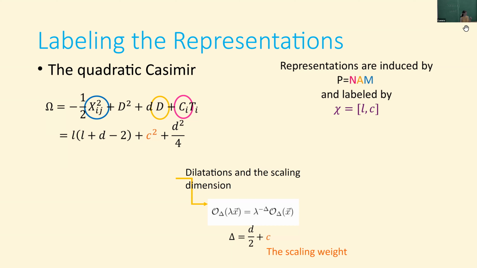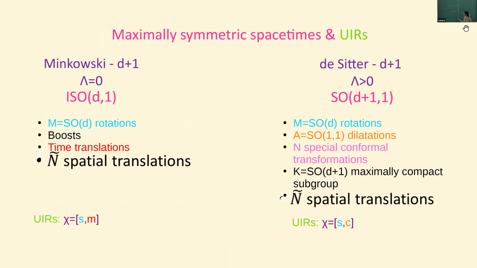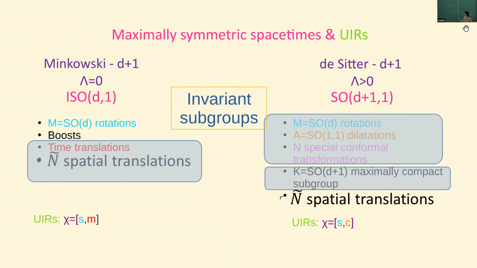So Cartan generators are rotation and dilatation. And then, this next list actually, this is what you're asking. Looking at the invariant subgroups, so this was just all of translations, including time translations for Minkowski. Here you have two kinds. This is the one you are looking for, the maximal compact subgroup, but there's another one made up of rotations, dilatations, and special conformal transformations.